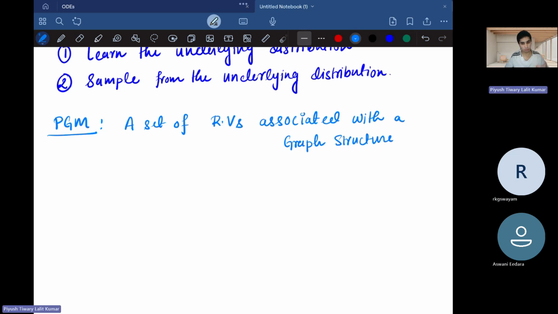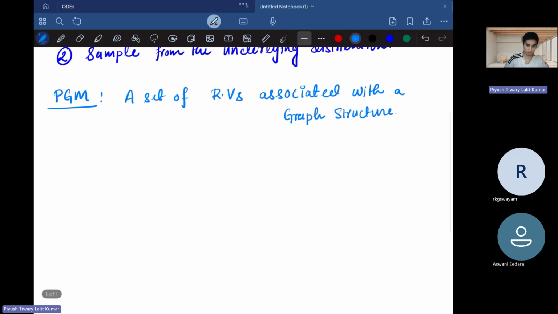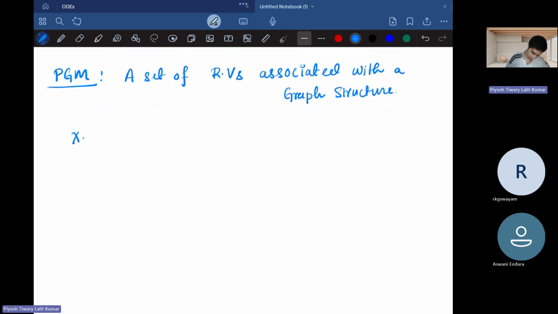So what do I mean? You have random variables, let's say x1, x2, and x3. These random variables are associated with each other via a graph structure.